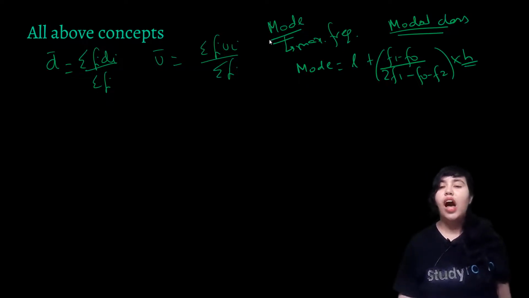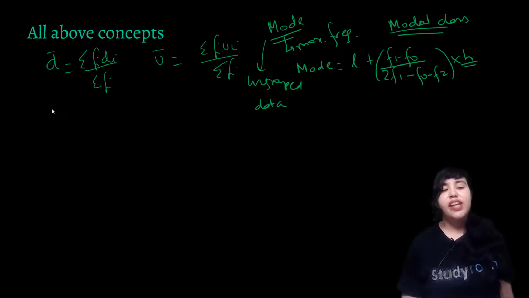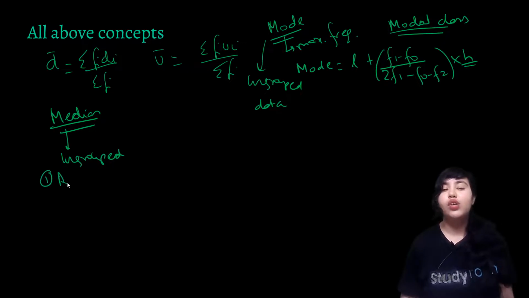For ungrouped data, how do you calculate mode? To calculate mode for ungrouped data, you just looked at the observation which is repeating the maximum number of times. Alright, so then we discussed median. Median refers to the middlemost observation. So for ungrouped data, what was the procedure? First of all, you have to arrange in ascending order.